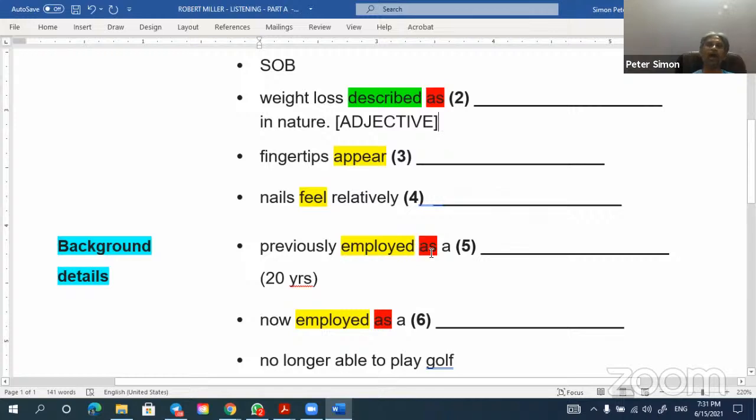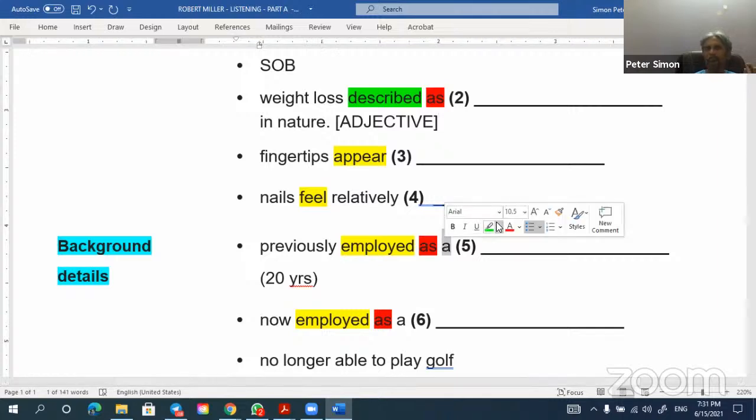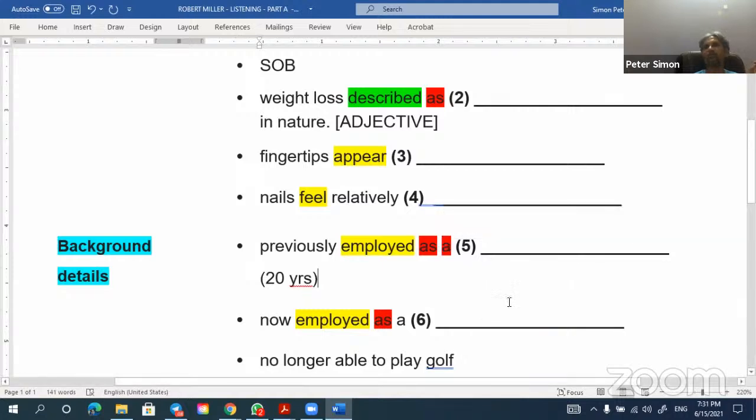Next one, previously employed as. But here, I want you to see the word before the blank. Before the blank is very important. "As" means like, described as. Here also you have "as," but the word before is "a." "A" is also very important.